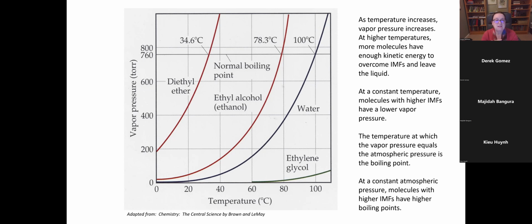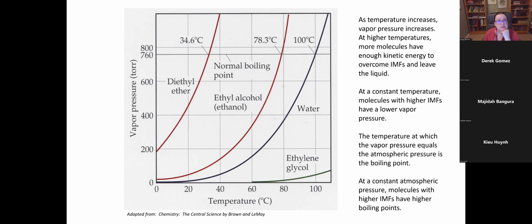On that graph, near the top, we have something called the normal boiling point. That happens when the vapor pressure gets to be 1 atm, which is normal, typical conditions. So the normal boiling point is the temperature at which the vapor pressure gets to 760 torr.